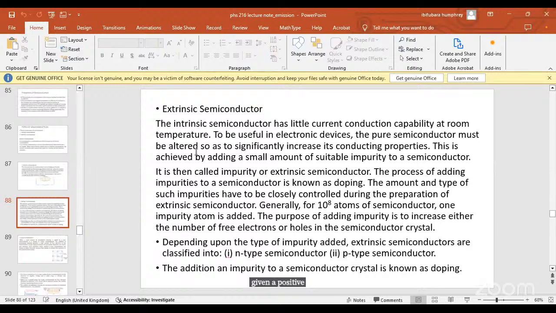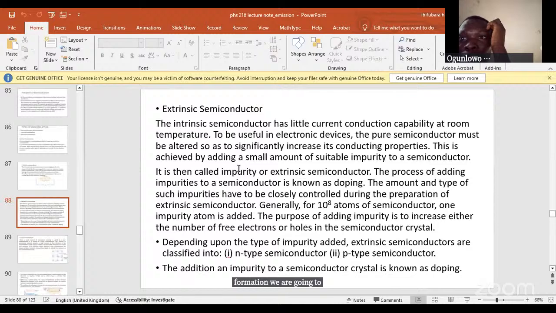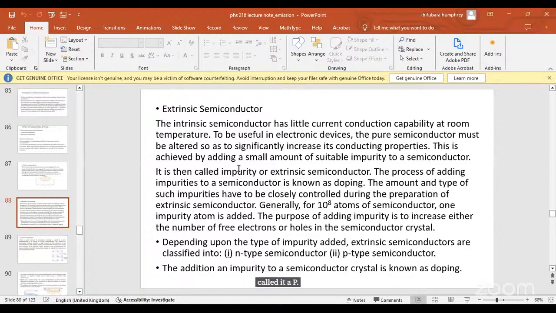Since we have holes in that semiconductor formation, it is called a p-type semiconductor.